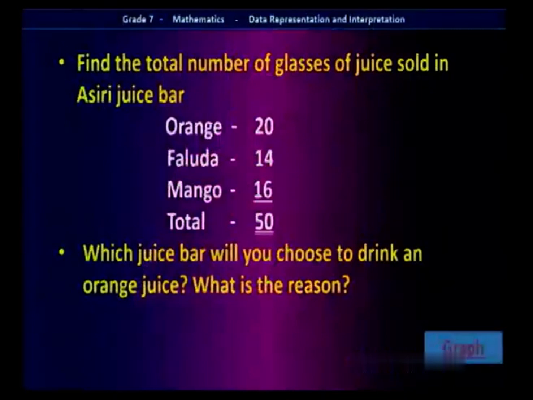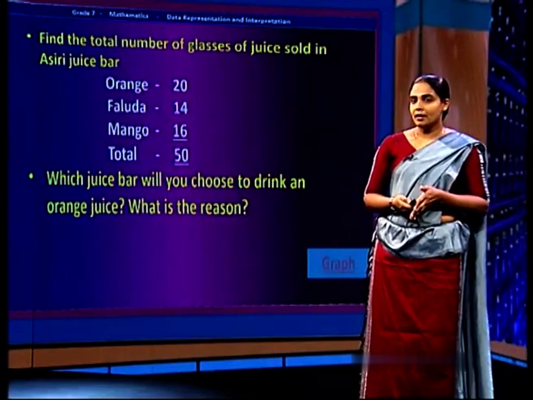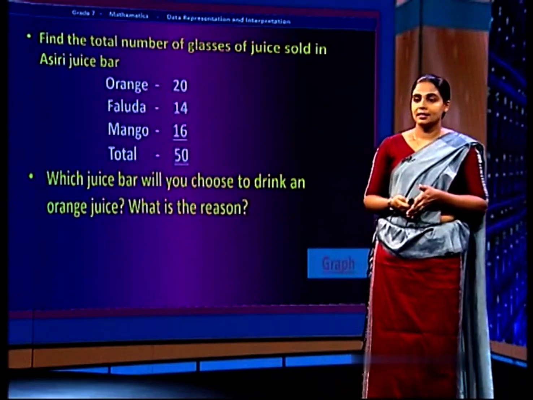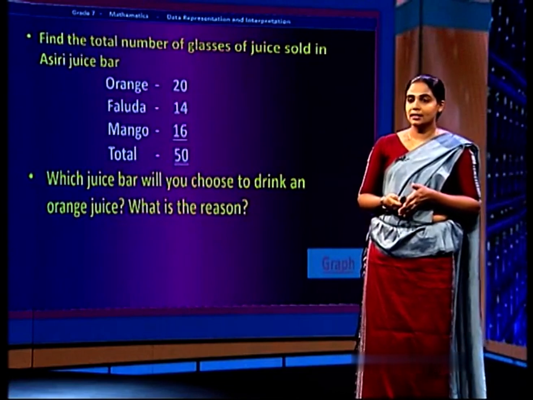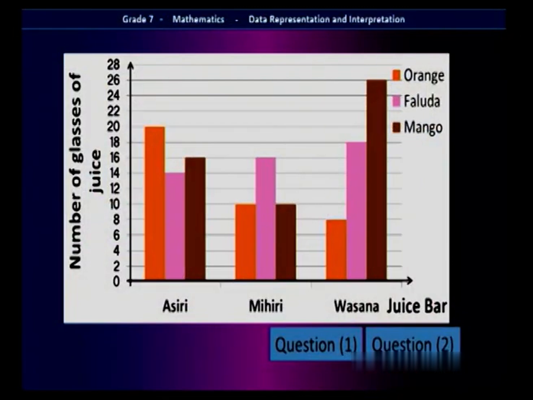Then kids, another question. Which juice bar will you choose to drink an orange juice? What is the reason? Which one is the most suitable juice bar to have an orange juice? Then let's go to the graph. Then think. Orange juice is shown by color orange.